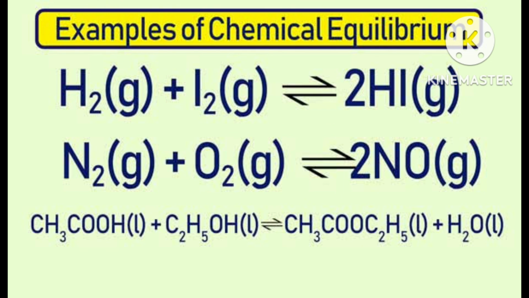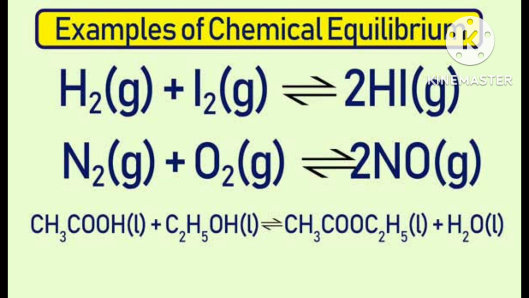Now suppose you want to write it in a general way: nH2 plus nI2 giving 2nHI. In the general way you write H2 plus I2 is equal to 2HI, and only n you have to write in the beginning. Then n into H2 plus n into I2, all in gas, is equal to 2 into nHI gas. Then you can write the expression like that. The Kc value will be in the power n.